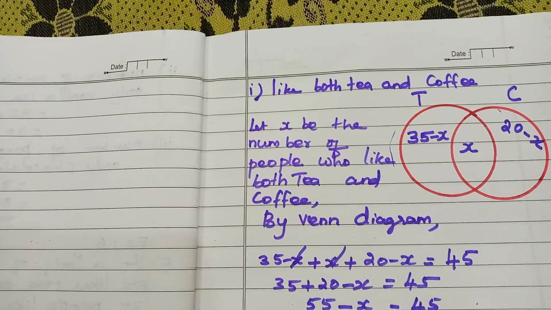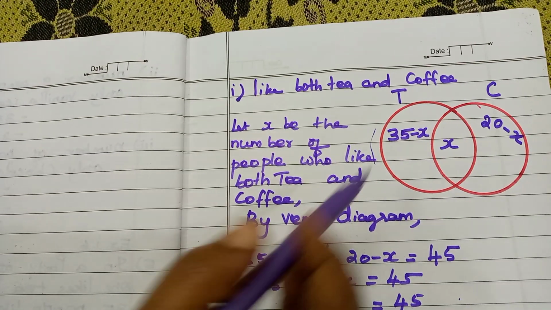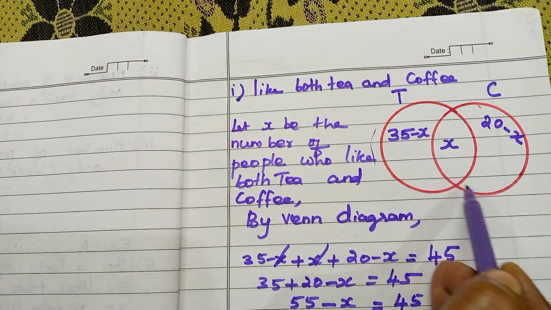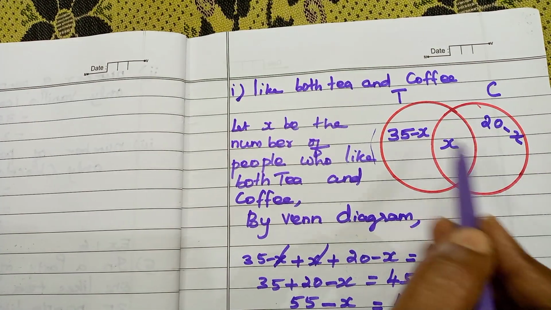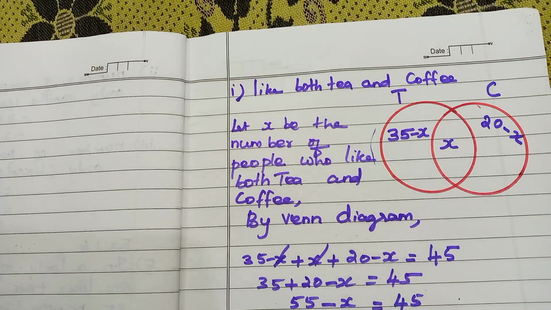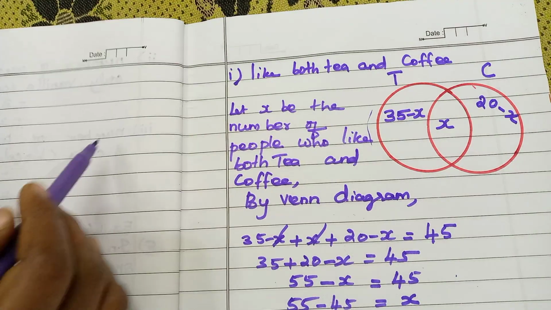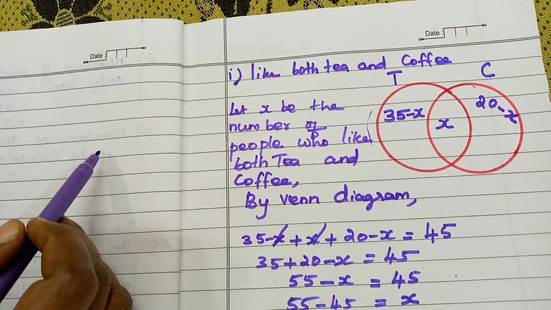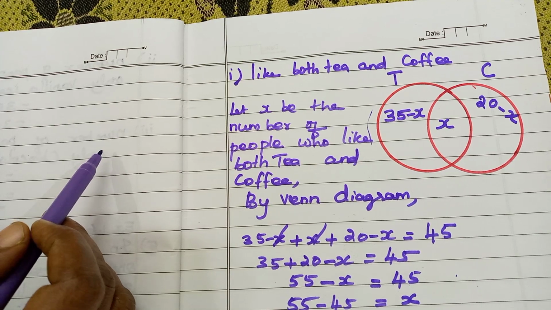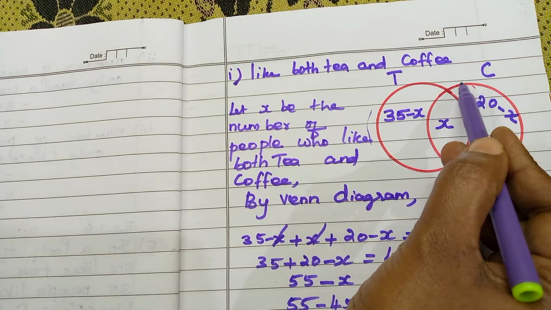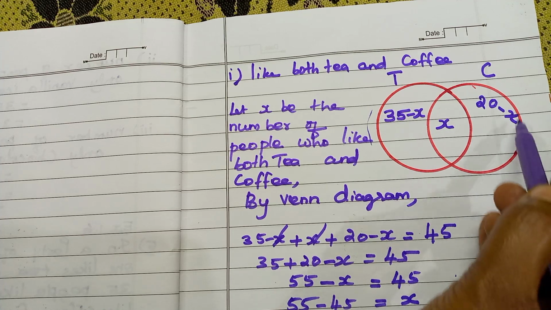Do not like coffee means they like tea, so this coffee circle we should not touch.